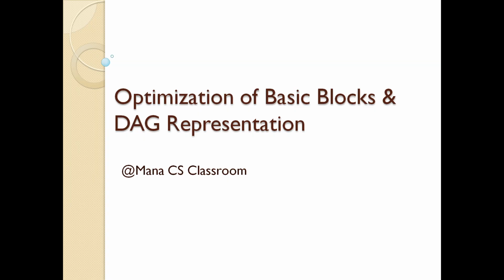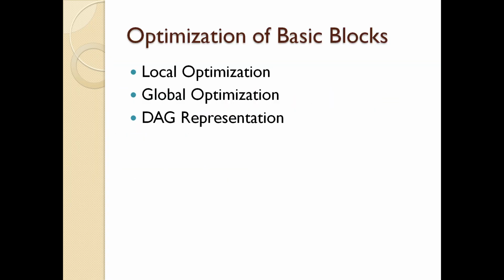So, optimization of basic blocks. In previous videos we learned basic blocks. Now the compiler wants to improve efficiency of this basic block. Optimization performed inside a single basic block is called local optimization, and optimization across multiple basic blocks is called global optimization.